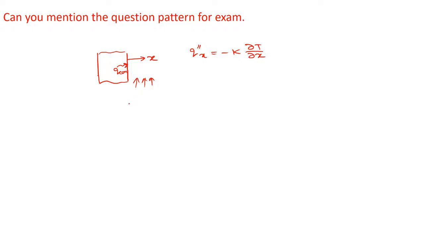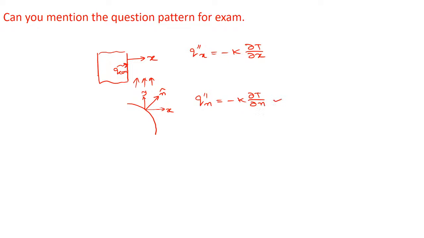Now if you have a curved surface, and let us say this is the normal, and consider the two-dimensional case, x and y. Now in this case q double prime n is minus k del T by del n.